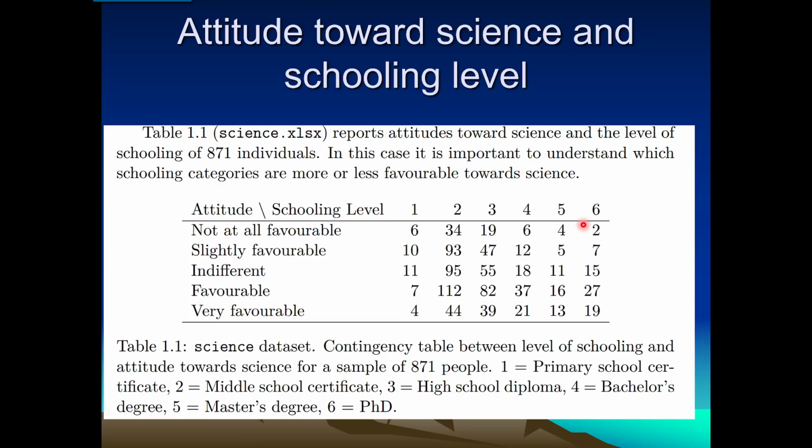Schooling level goes from 1 to 6. So 1 is primary school certificate and 6 is the PhD at the top. As the years of education increase, how does the attitude towards science change? That's the problem.